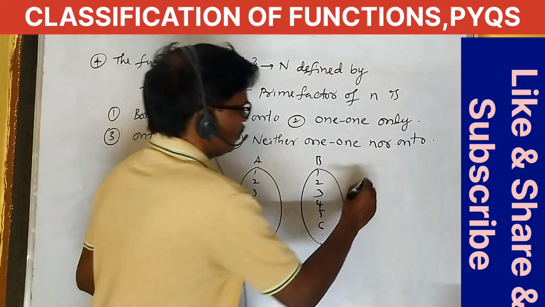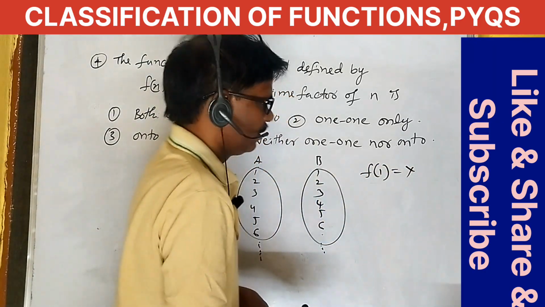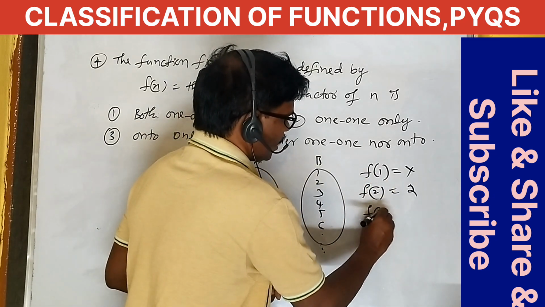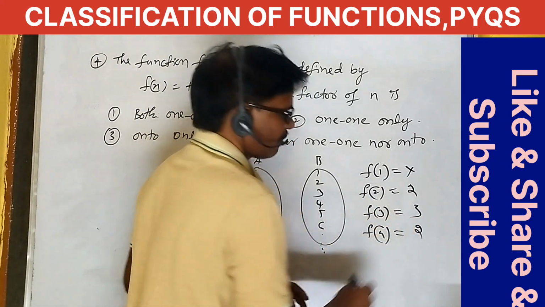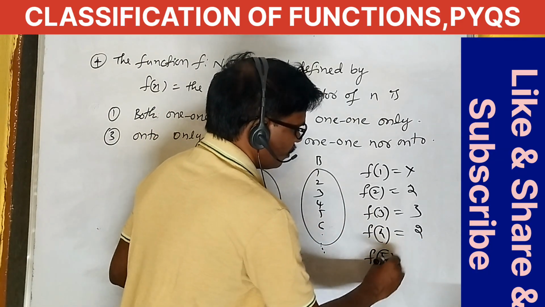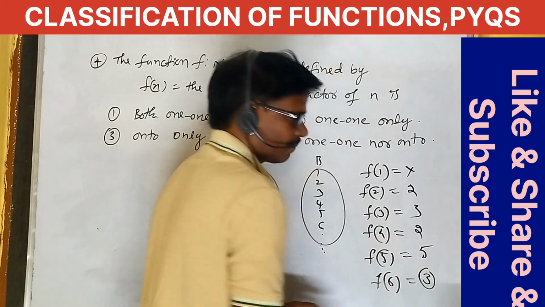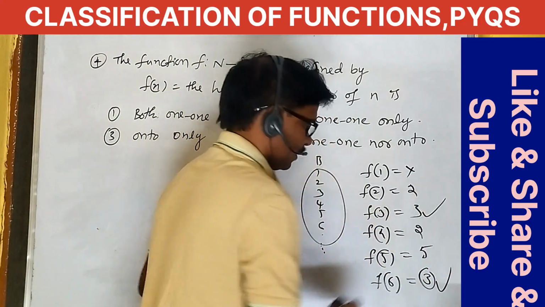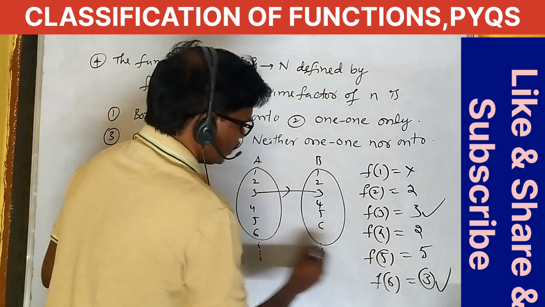For example, f of 1 has no prime factor. f of 2 is 2. f of 3 is 3. f of 4 is the highest prime factor, which is 2. f of 5 is 5. f of 6: the prime factors are 3 and 2, so the highest prime factor is 3. So f of 3 is 3 and f of 6 is also 3.